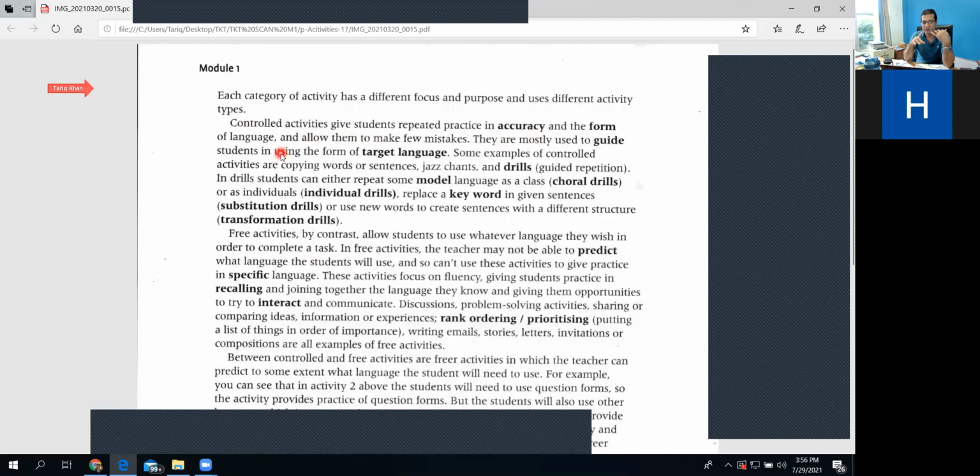These are the points which you people have to note down. You can underline it whatever way, and later on you make your notes on it, categorizing activities accordingly, and allow them to make few mistakes.